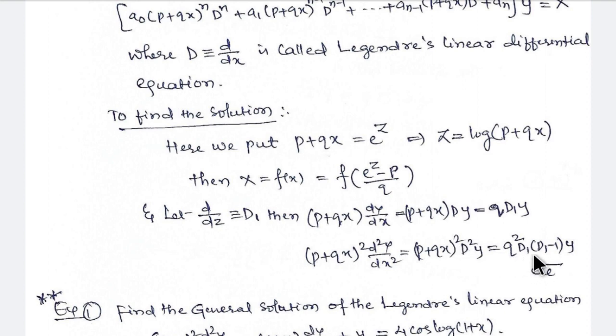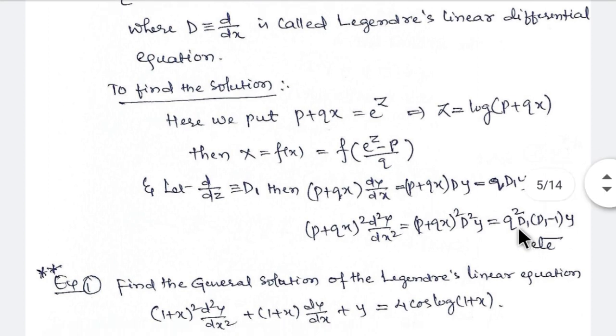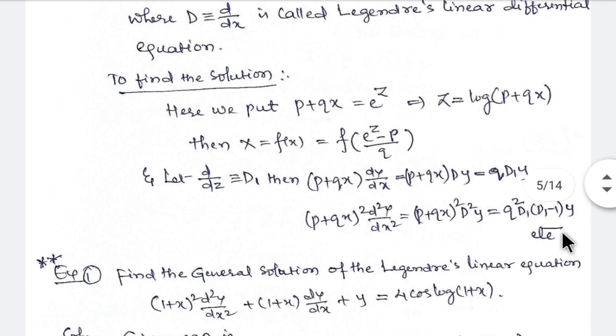Earlier in the homogeneous Cauchy-Euler differential equation, d squared was replaced by d1 into (d1 - 1). Only here you must identify the coefficient of x and multiply Q, Q squared for the square term, Q cubed for the cube term, with d1 (d1 - 1)(d1 - 2), like this.